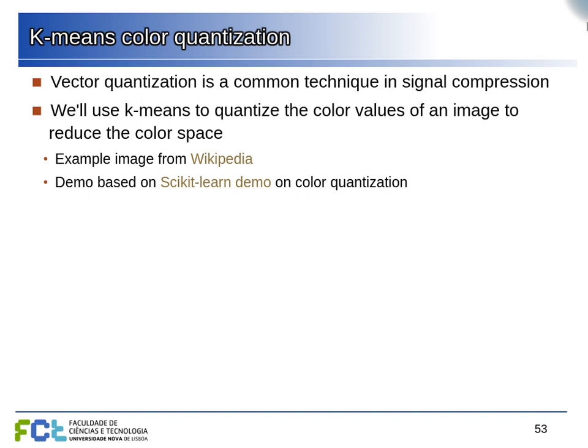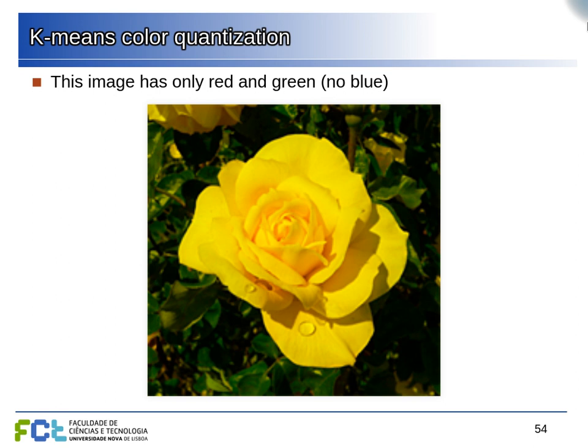And we're going to show an example of this by quantizing the color values of an image. I took this example from Wikipedia and chose it because this image does not have any change in the blue channel. So it only has red and green values to make these colors.